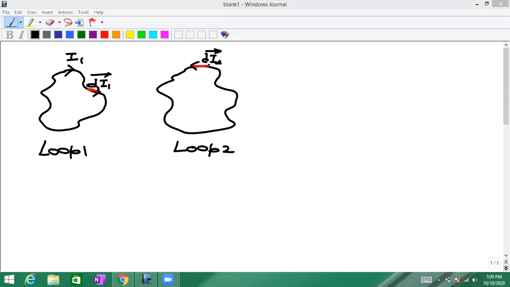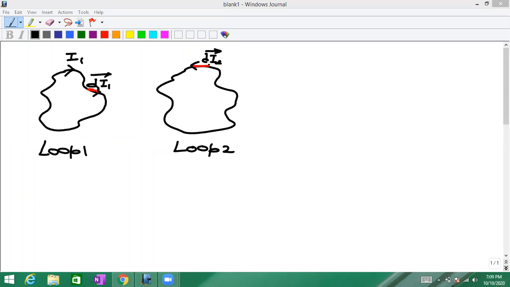I have shown two loops, loop 1 and loop 2. Loop 1 is carrying a current I1, and initially we suppose that there is no current in loop 2.